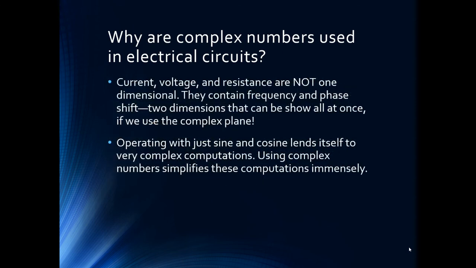Also, current, voltage, and resistance are not one-dimensional. They contain both frequency and phase shift, so two dimensions can be shown all at once if we use the complex plane. And operating with just sine and cosine tends to lend itself to some very complex computations. So if we use complex numbers, it simplifies those immensely.